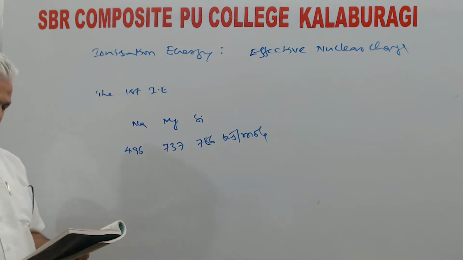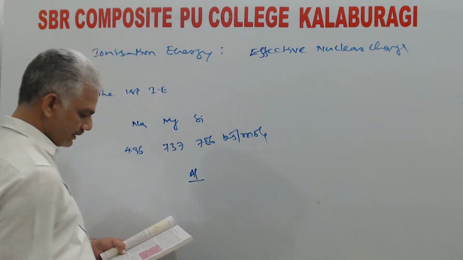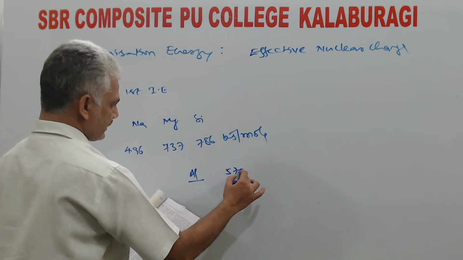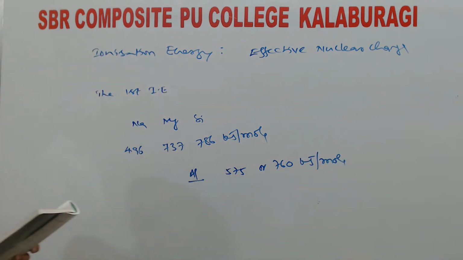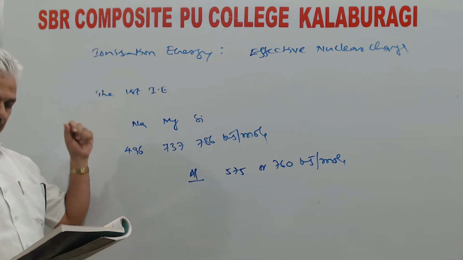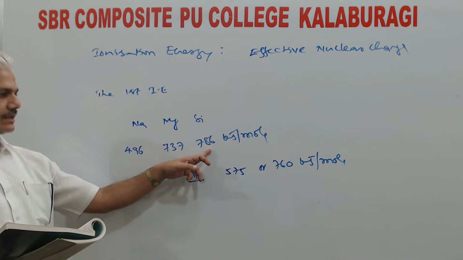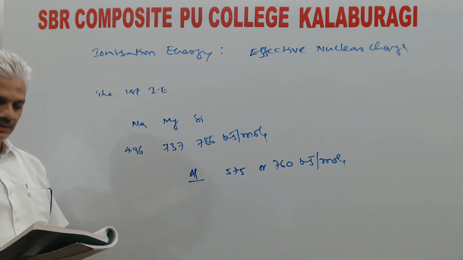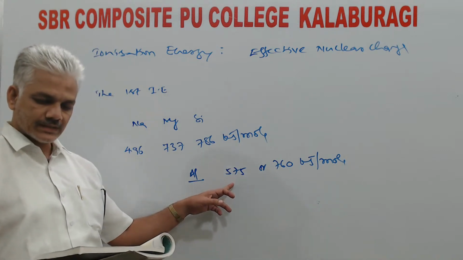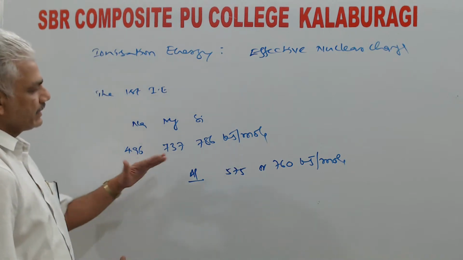Predict whether the first ionization energy of aluminum will be more close to 575 or 760 kilojoules per mole. So, like this, problems will be given.